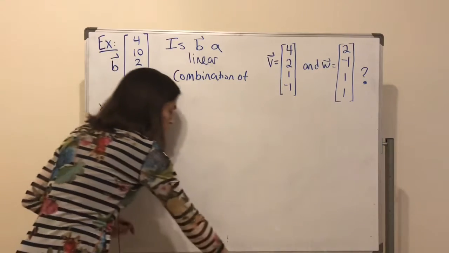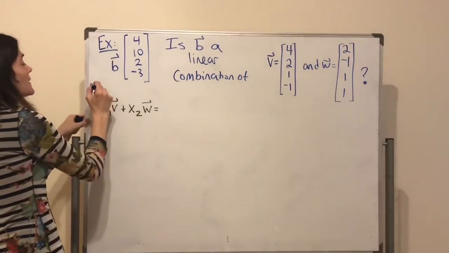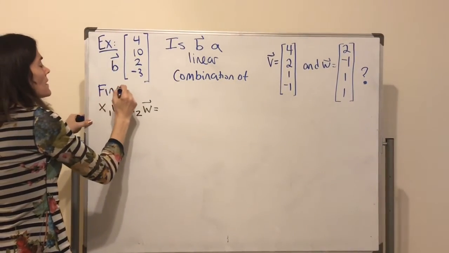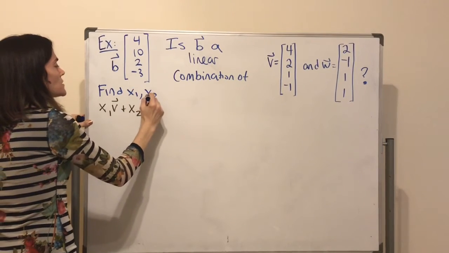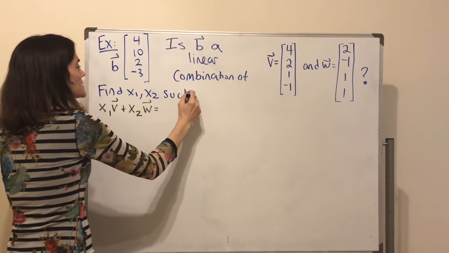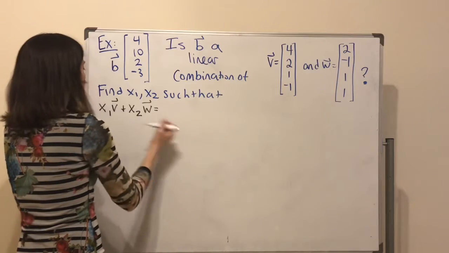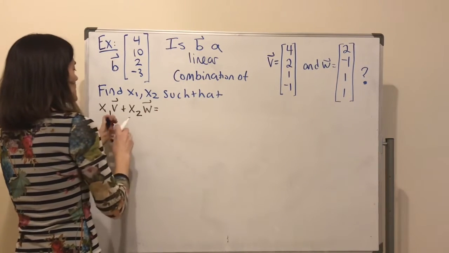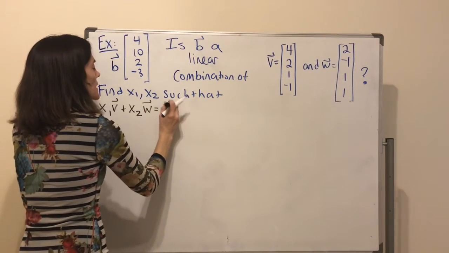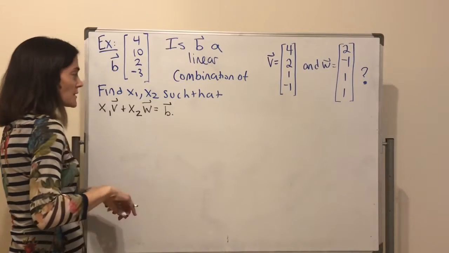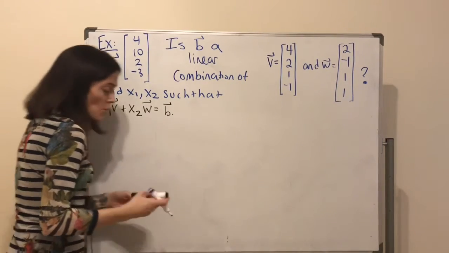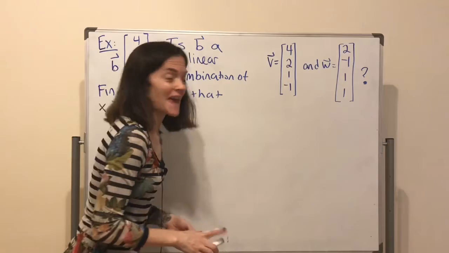So we want to find x1, x2 such that this equals b. This is our goal, and maybe we can do it, maybe we can't, okay?